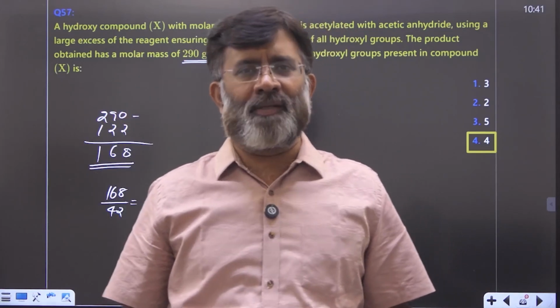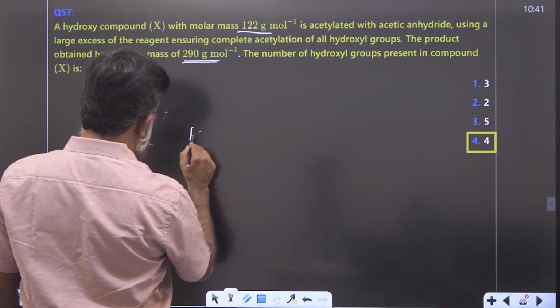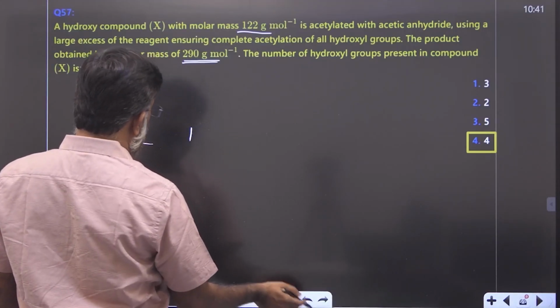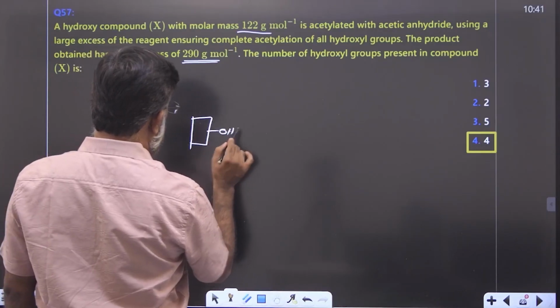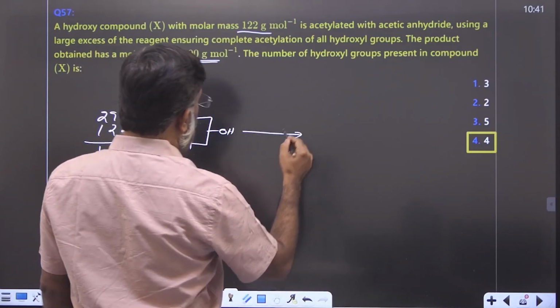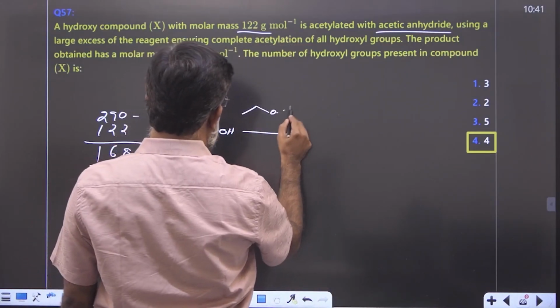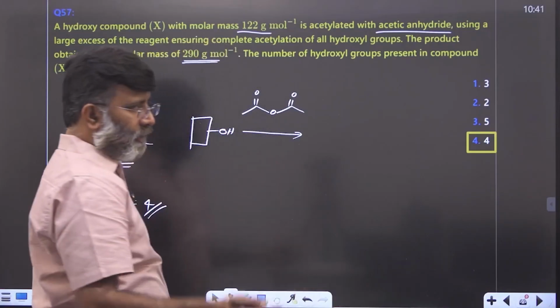Now, what is the logic? The logic is very simple. If you take an alcohol, imagine this is an alcohol having one OH group. When this is treated with acetic anhydride, there will be esterification.